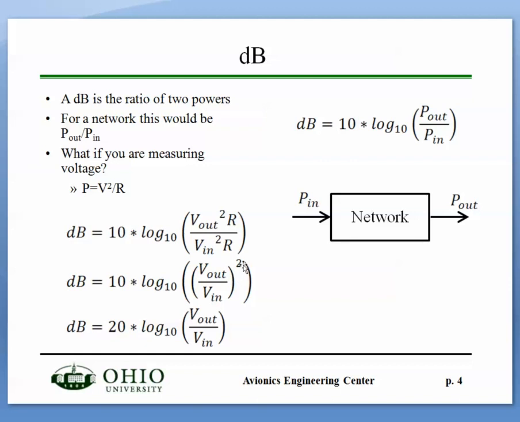Well, if you take the log of x squared, you get 2 times the log of x, right? So the 2 comes out here, and now that becomes 20 log 10 of V out over V in. And so there's the decibel in voltage form. But remember, a decibel is always a power measurement.